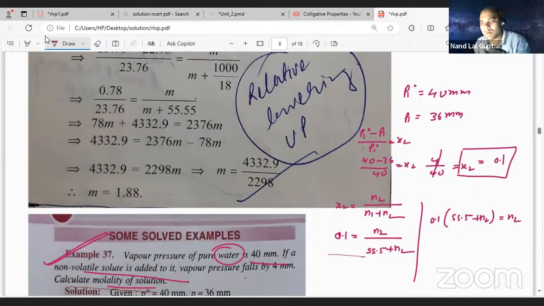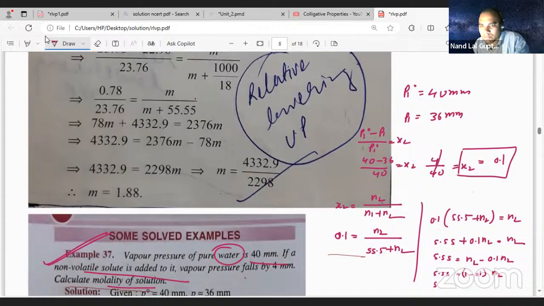So here if you multiply, it will come 5.55 plus 0.1 N2 is equal to N2. So 5.55 is equal to N2 minus 0.1 N2. 5.55 equal to 1 minus 0.1 into N2.